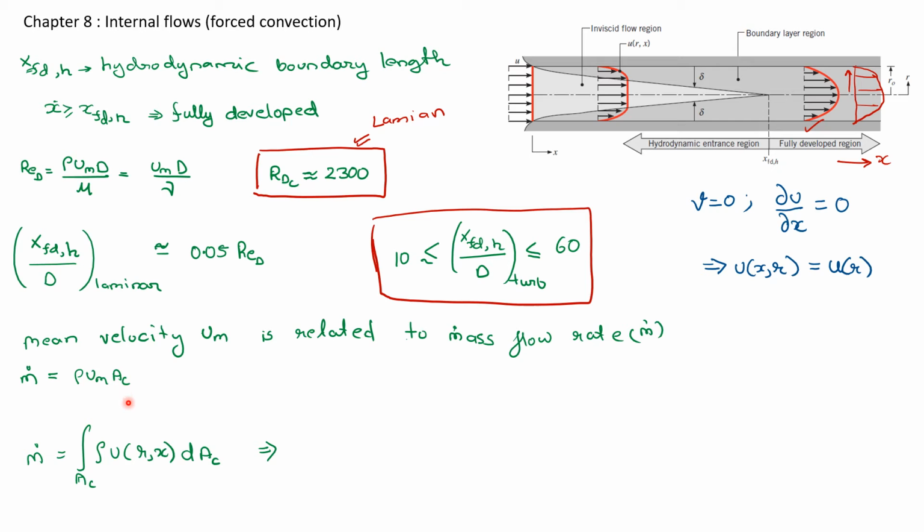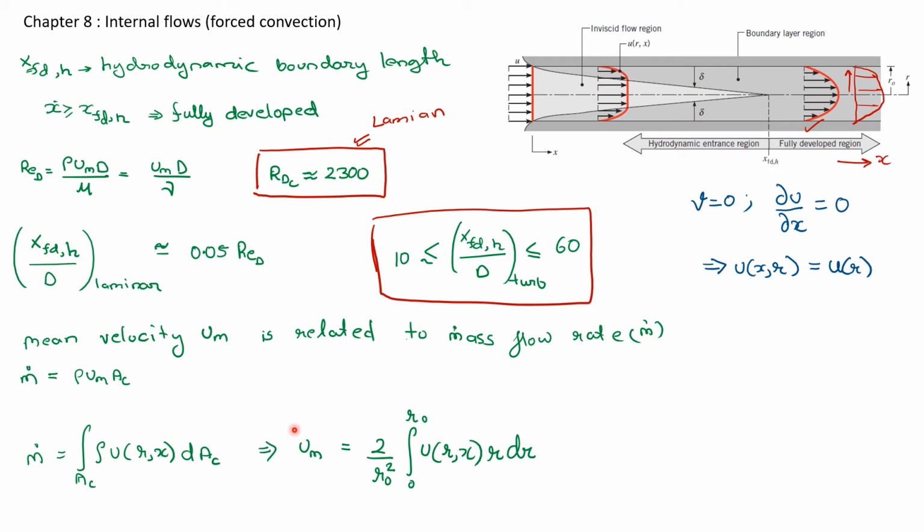If you take a small cross section, you can write your mass flow rate as your density times the velocity at a particular location times the cross-sectional area, and integrate it with respect to the cross-sectional area.